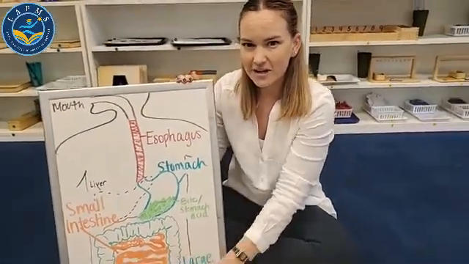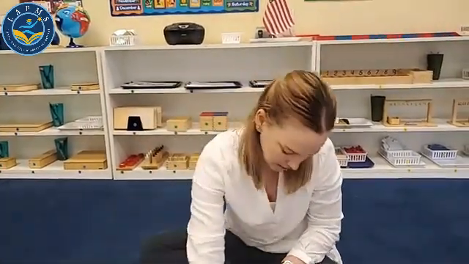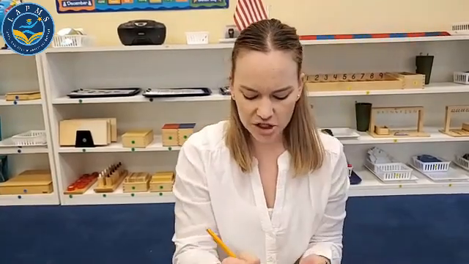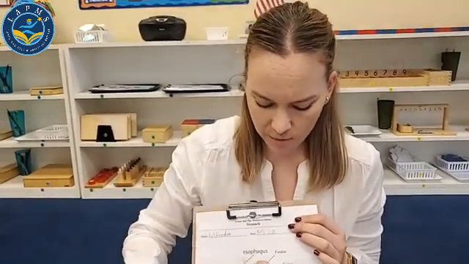All right? So let's take a look really closely at the stomach. And before we do any cutting and pasting, I'm going to do a lot of talking first. Okay? I'm going to talk about all these different parts. Is your name on the worksheet? It is? Mine too. So this is the picture we have here, and then we have our worksheet to cut and paste, right?